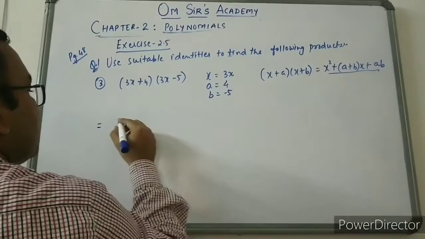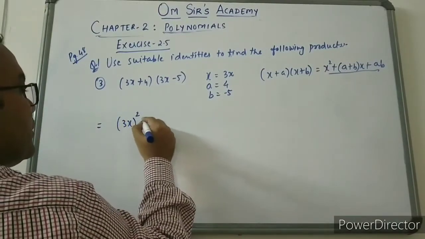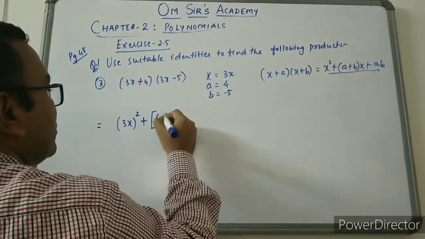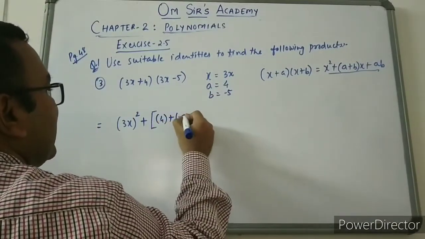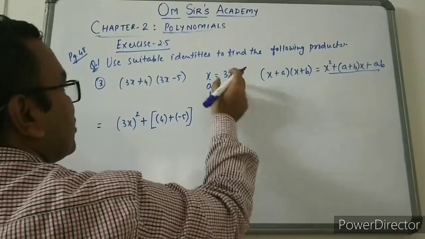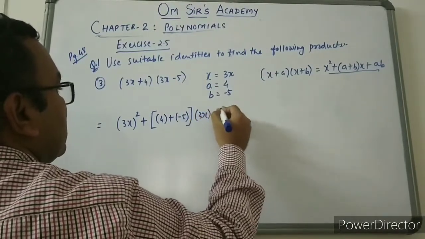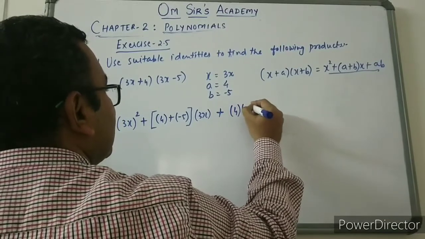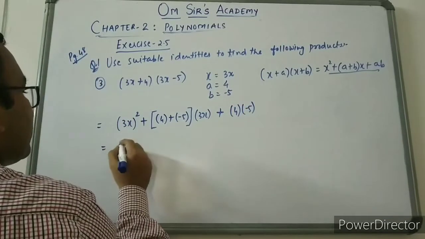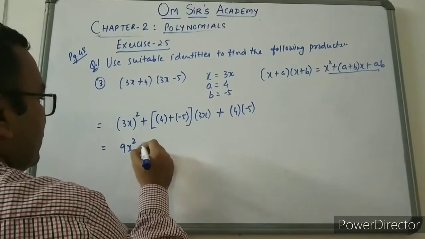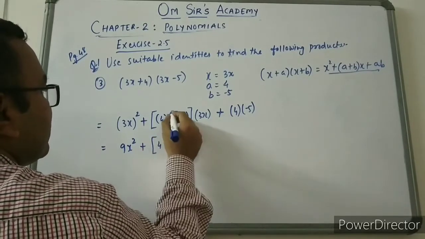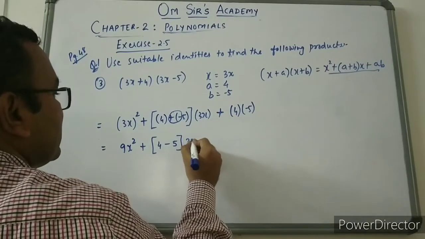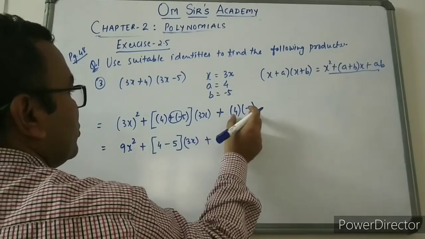x² is (3x) squared, plus (a + b) into x. a is 4, plus b is -5, into x, where x is my 3x, plus ab, that is 4 into -5. So it will be 9x², plus (4 - 5) into 3x, plus 4 into -5.